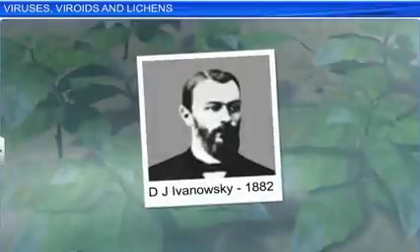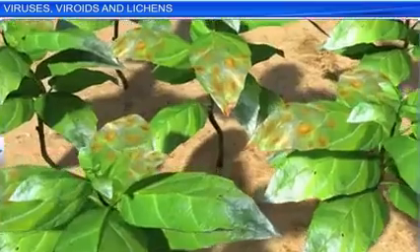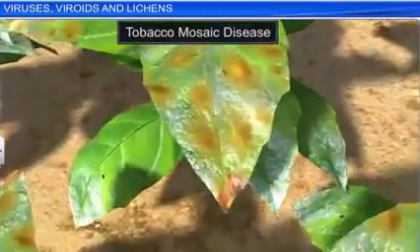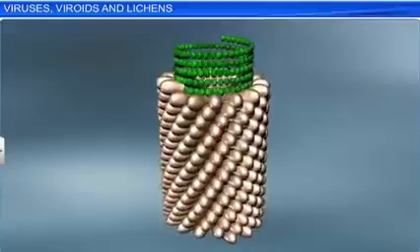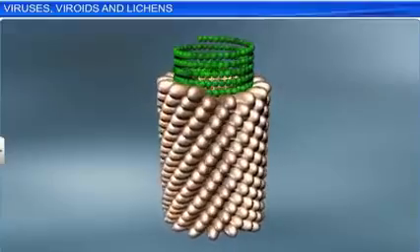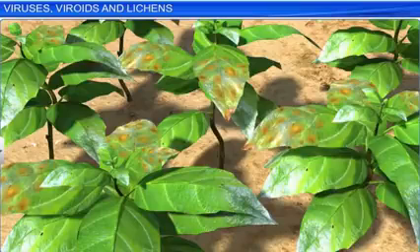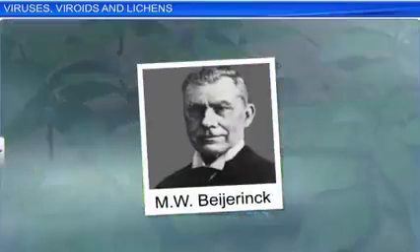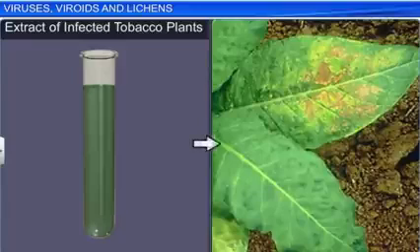It was D.J. Ivanowski who in 1882 discovered the tobacco mosaic virus, or TMV, the microbe that causes mosaic disease in tobacco. This virus was smaller than a bacteria. Later, in 1898, M.W. Beijerinck demonstrated that extracts of infected tobacco plants could also cause infection in other healthy plants.